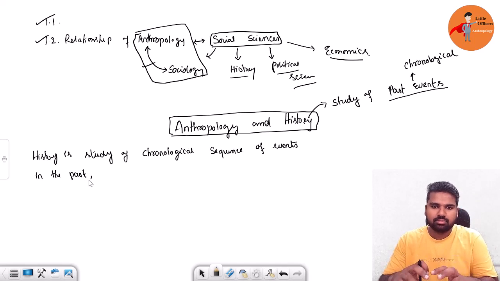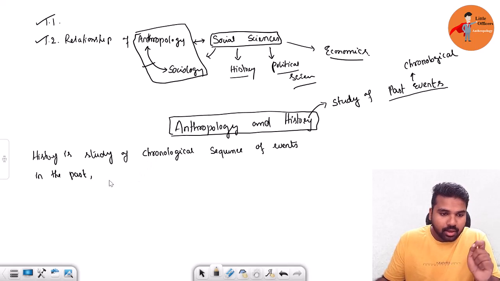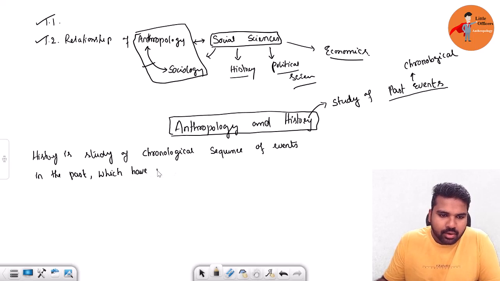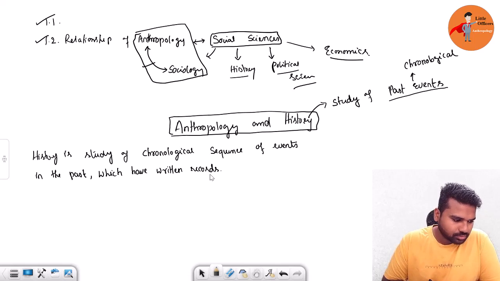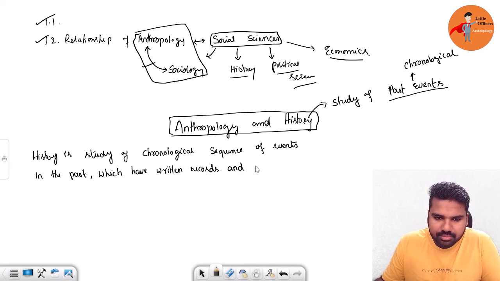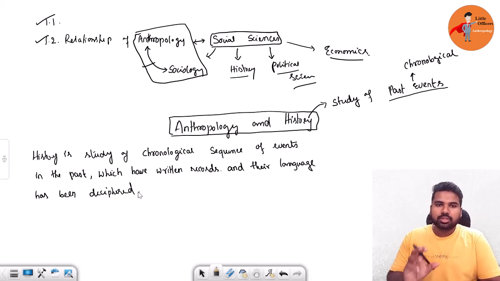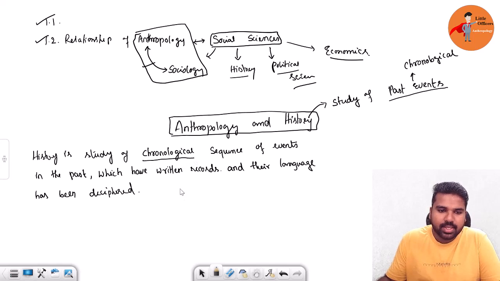Here we are adding one more additional element, in the past, which have written records and their language has been deciphered. Properly, deciphered, right. So three points we are highlighting here: chronological sequence, written records, and language is deciphered.